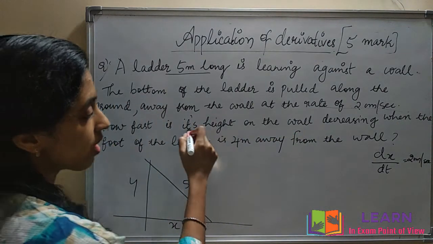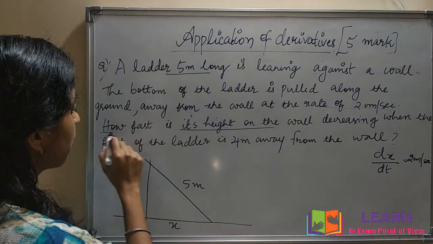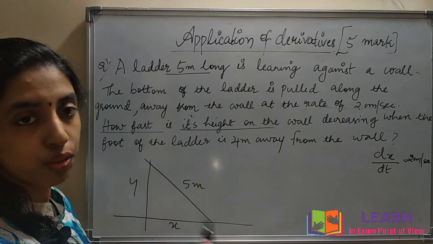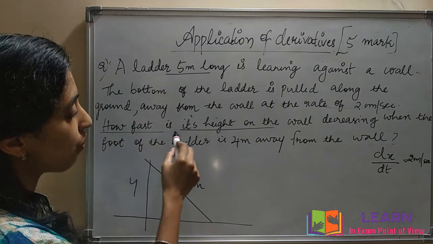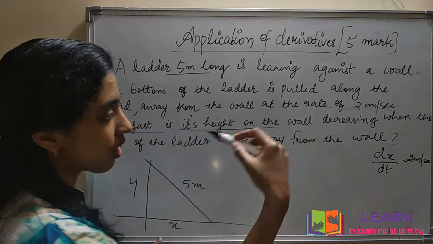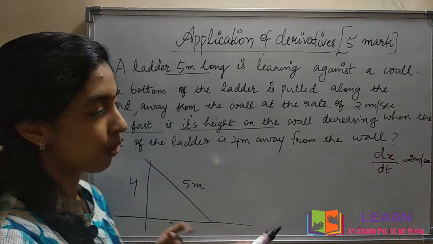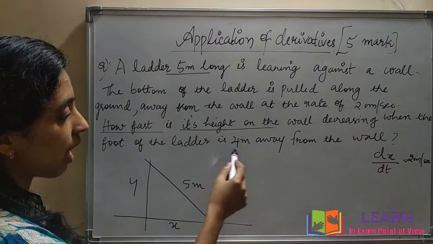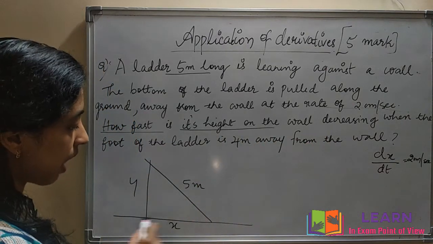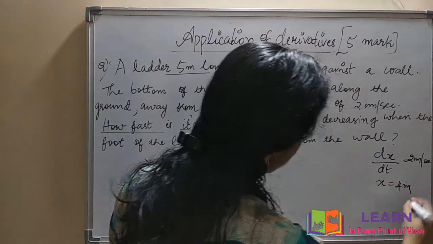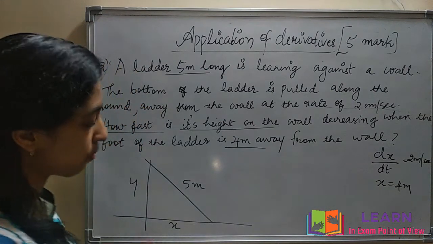Then we have to find how fast its height, that means y, is changing. How fast is its height on the wall decreasing? Decreasing means after finding we will get a negative value. When the foot of the ladder, meaning its base, x, is 4 meter away from the wall.